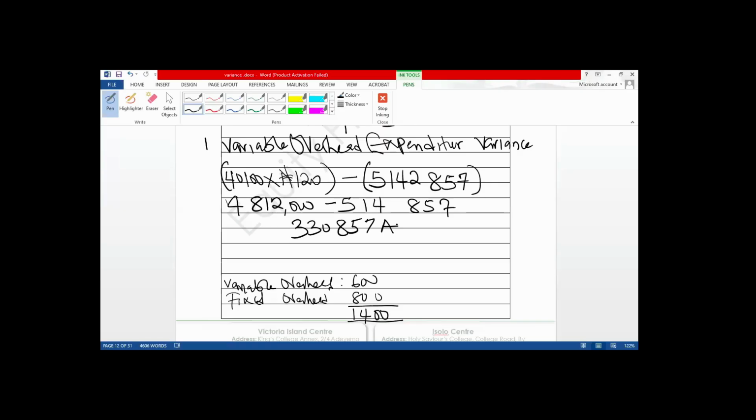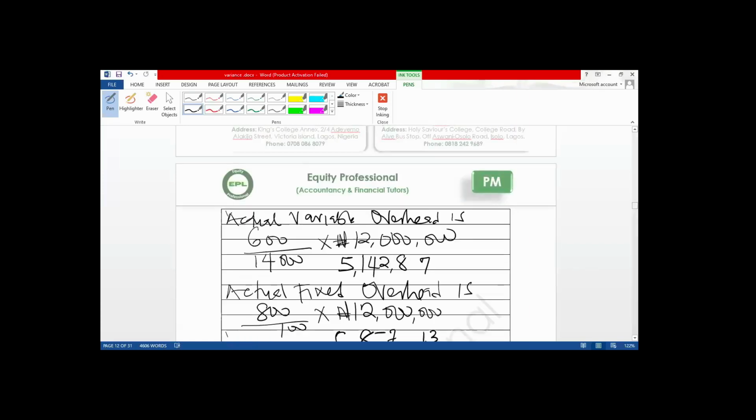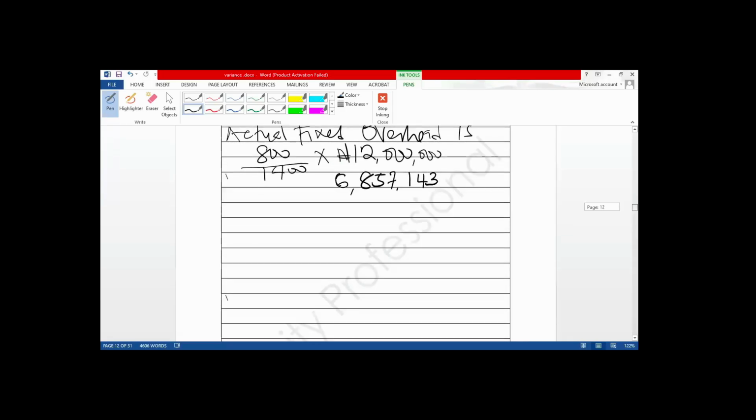Now look at variable overhead efficiency variance.